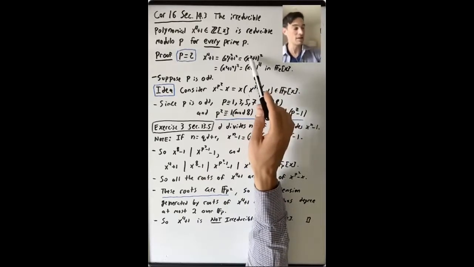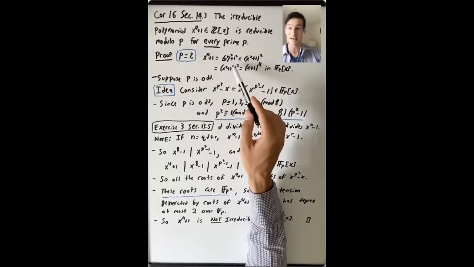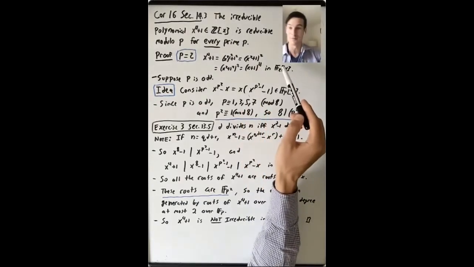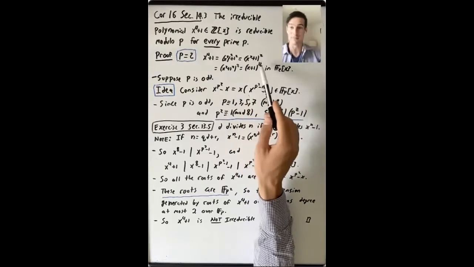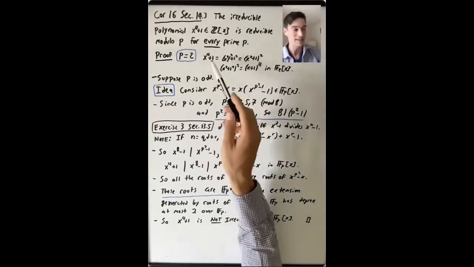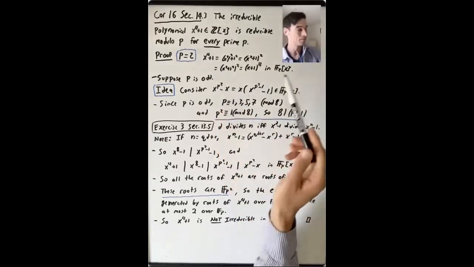Now we do the same thing on the inside: this is ((x + 1)^2)^2, so it's (x + 1)^4 in F_2[x]. You don't have to do it this way, but the point is it's reducible mod 2. You could see that more easily just by seeing that it has a root at 1.